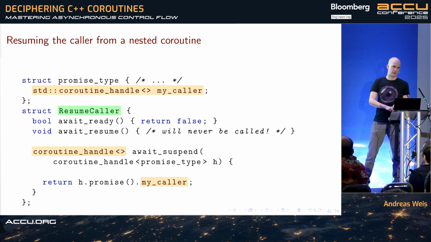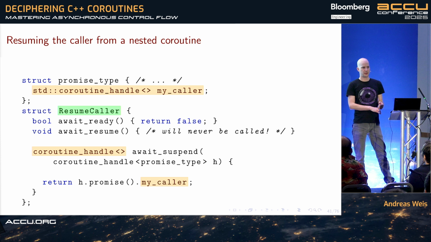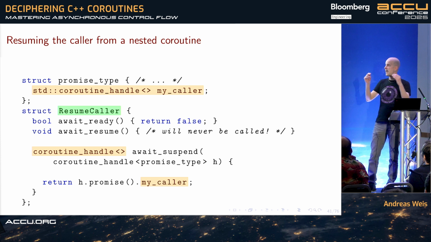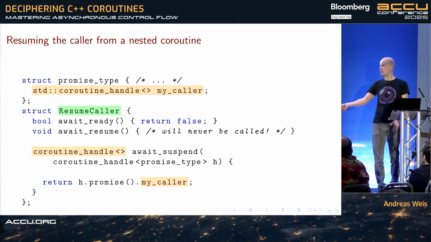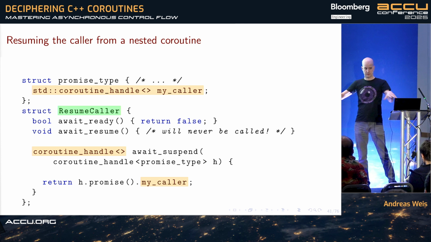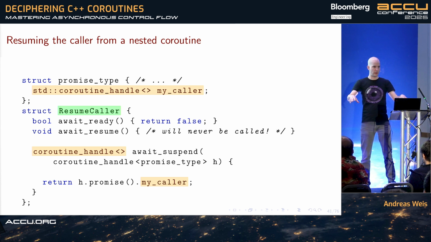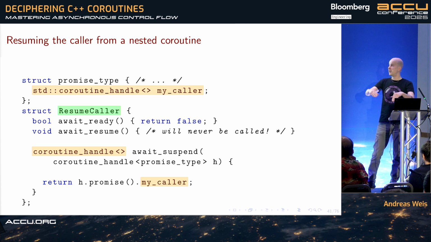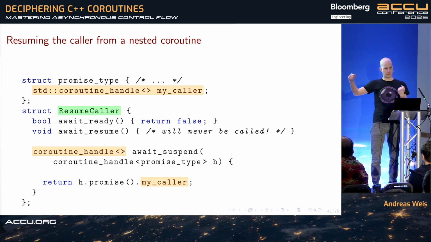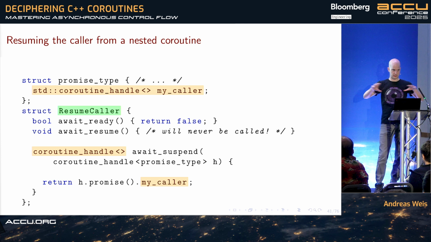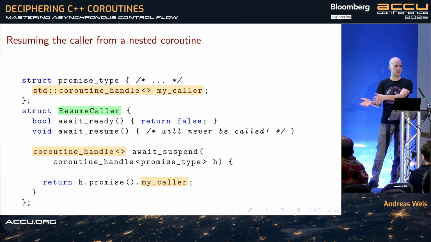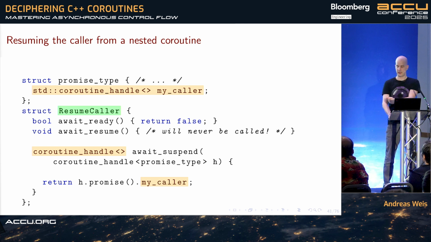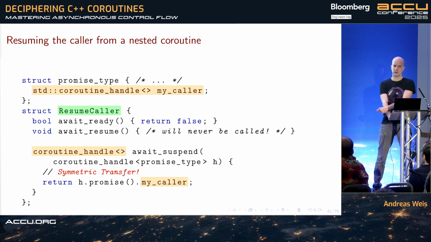Or there's this third thing, which is called symmetric transfer, which means you return a handle to another coroutine. And now you, the coroutine that somebody called co-await on, go to sleep. But instead of returning control to the caller on the normal call stack, you resume that other coroutine. And it continues executing in place, in your place. So that's called symmetric transfer.